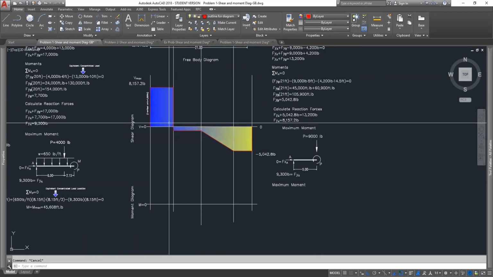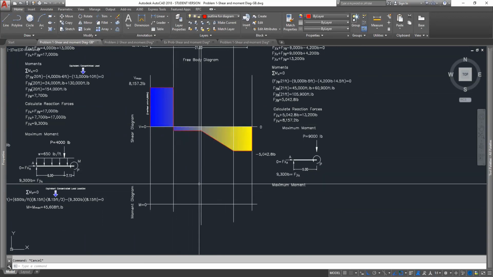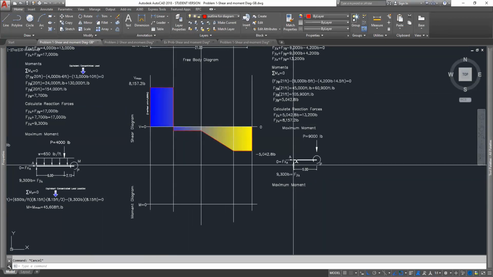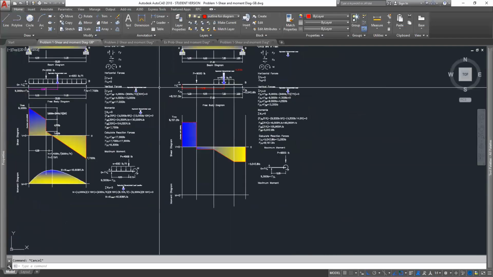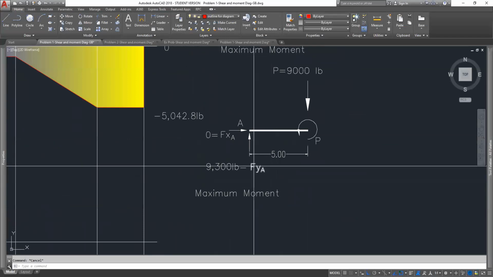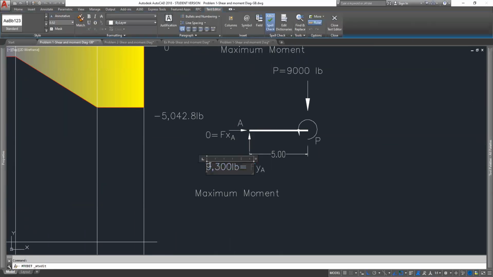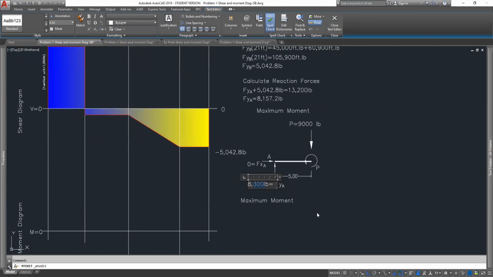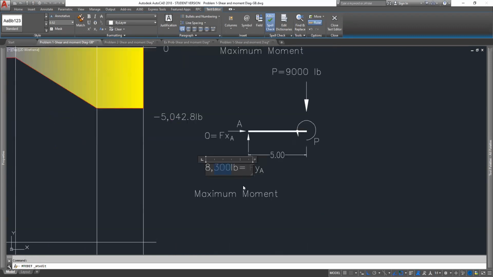So we're going to take our forces in here. We've got our reaction force located right here. What was our reaction force at that point? 8,157.2.